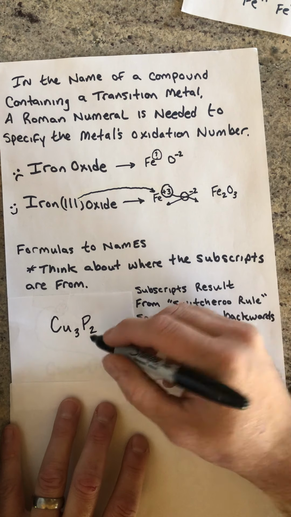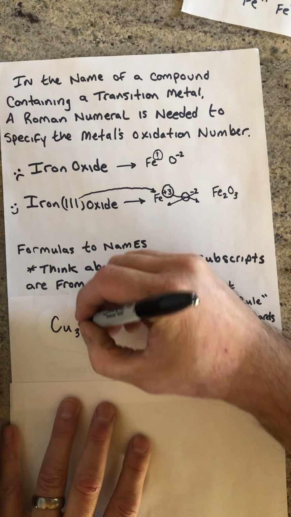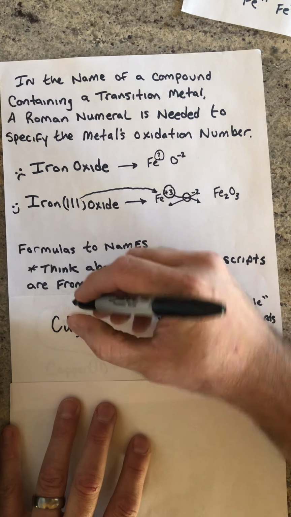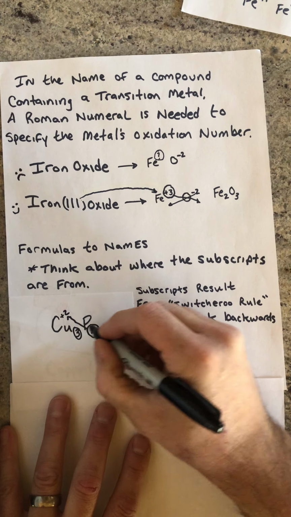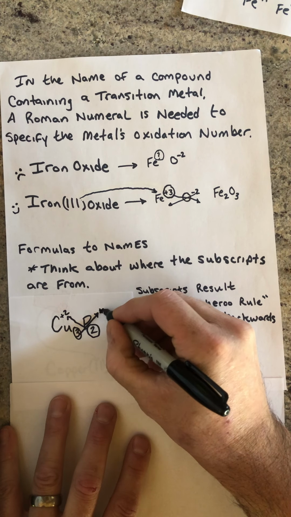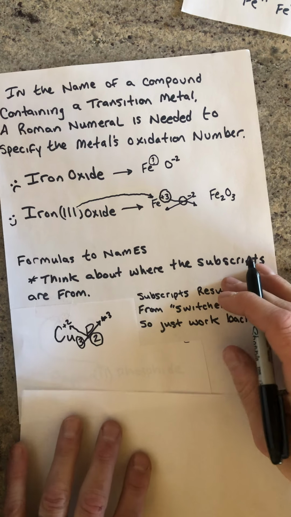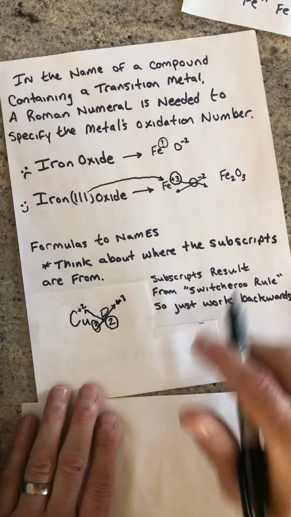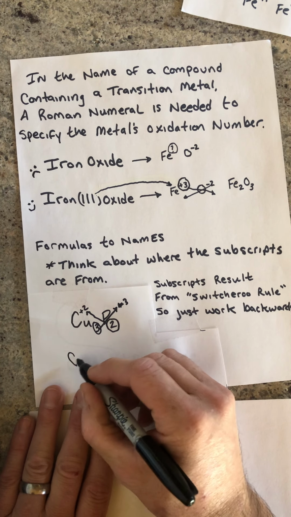And so when you have a formula, just work backwards and say, well, that 2 must have come from the oxidation state of copper, okay? And the 3 we know is the oxidation state of, oops, that's a minus, sorry, minus 3 of phosphorus. And so we can just work backwards and come up with the name. So if we're gonna name this compound based on the formula, we would call this copper.